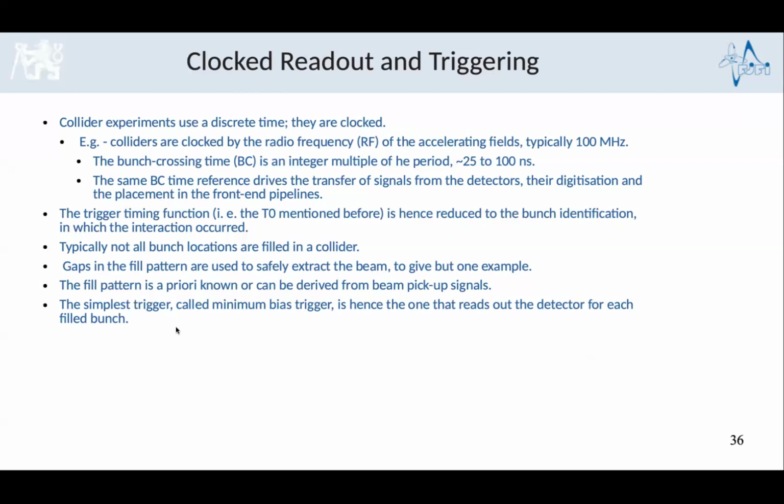So these are the minimum conditions that the experiment requires to start the readout of the detectors. And normally these minimum bias triggers are the fastest.